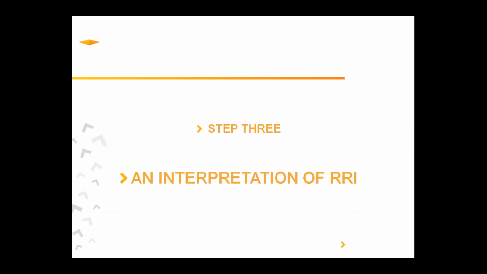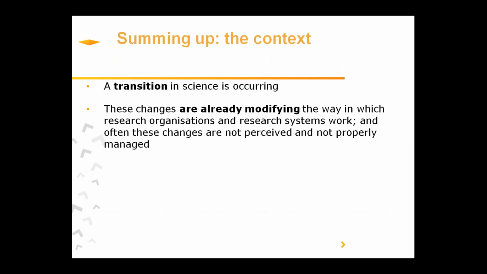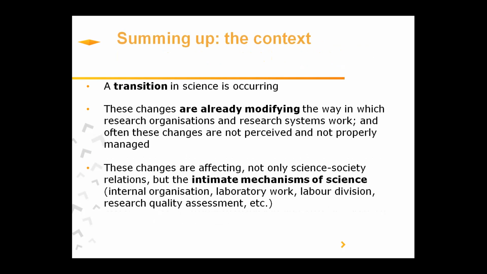These lead to the last step, an interpretation of RRI. Summing up, the context is that there is a transition in science. These changes are already modifying the way in which research organizations work, and they are often not perceived at all or not properly managed.